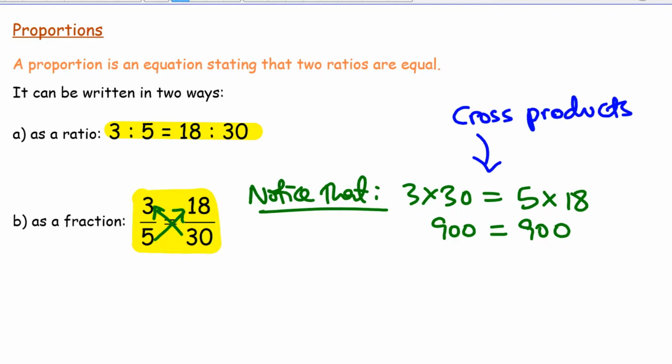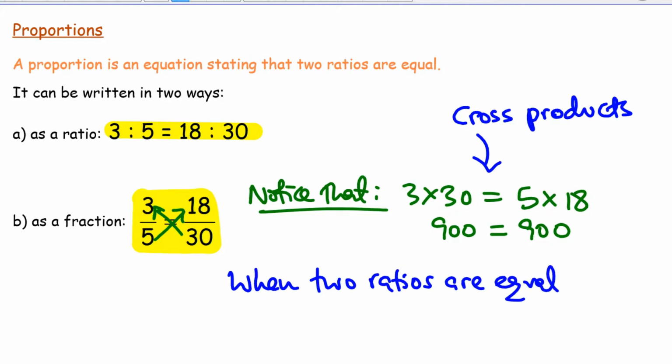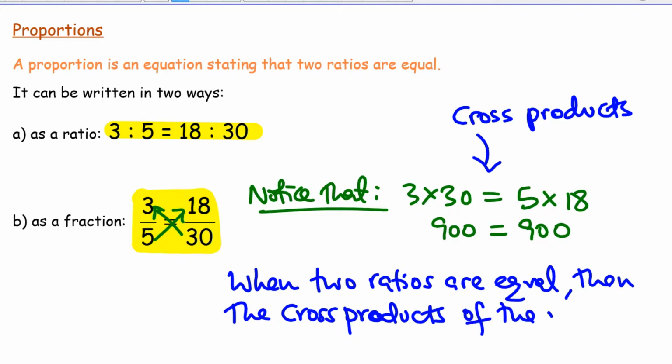So we can say that when two ratios are equal, then the cross products of the ratios are equal. Okay, so this is important, and we'll use this later on.